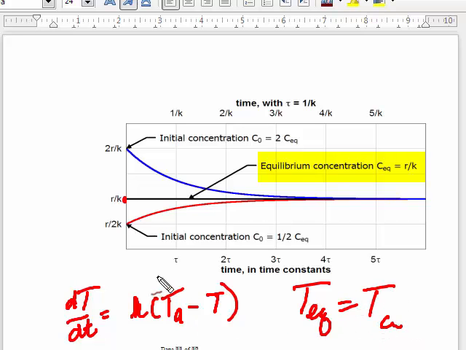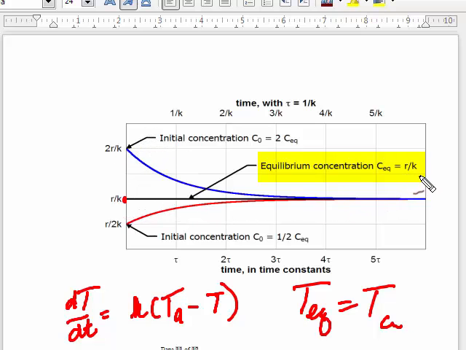If you put a bowl of soup on the table and it was hotter, in a room that has a lower temperature, it's going to cool down. If you pull it out of the refrigerator and put it on the table, it's going to heat up. And that's what we're seeing here with this concentration.